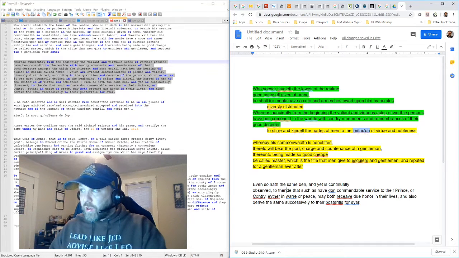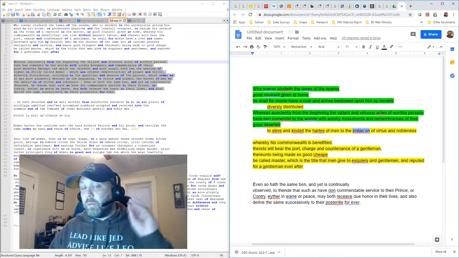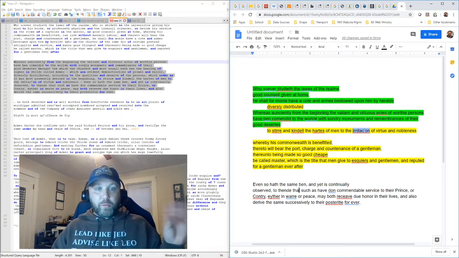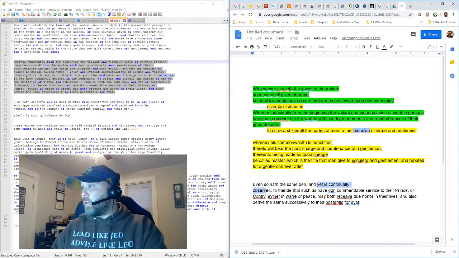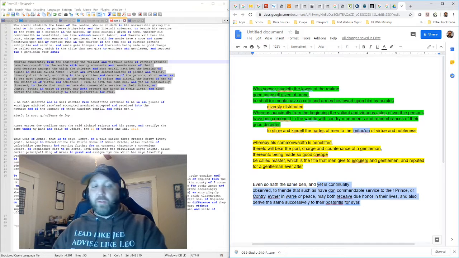So the question is what that word is actually supposed to be, but we can skip over the exact word for right now and go for the sentiment, right? Continually observed. I think that would be very appropriate in this case. That such have done commendable service to their prince or to country, either in war or peace, both may receive due honor in their lives, and also derive the same successively for their posterity forever.